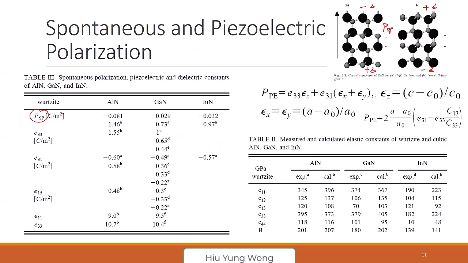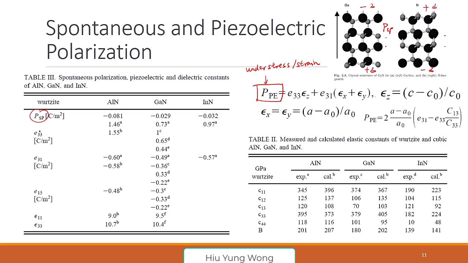What if I strain the lattice, under stress or under strain, then I have extra piezoelectric polarization. It's a very complicated theory, not complicated, but a lot of math. But it gives us the equation. Basically, in this class, I only ask you to look up the table.